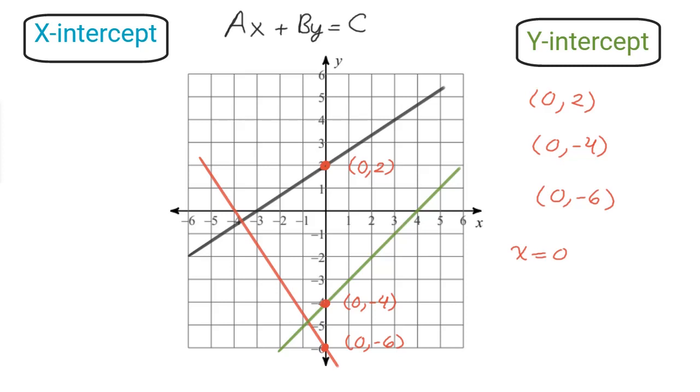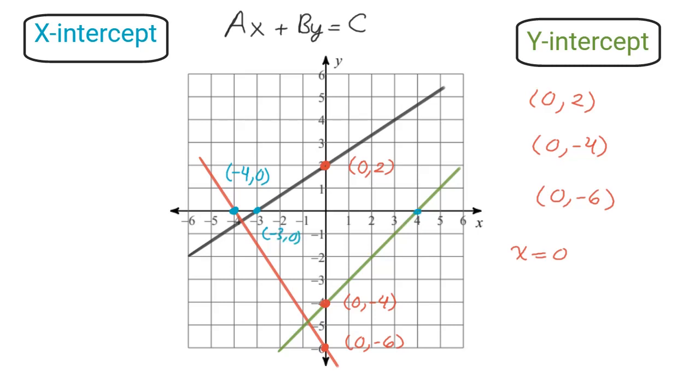Now, in the same way, I can identify where the lines cross the x-axis. So this red line will cross the x-axis at the point negative 4, 0. The second line here, this black line, will cross at negative 3, 0.